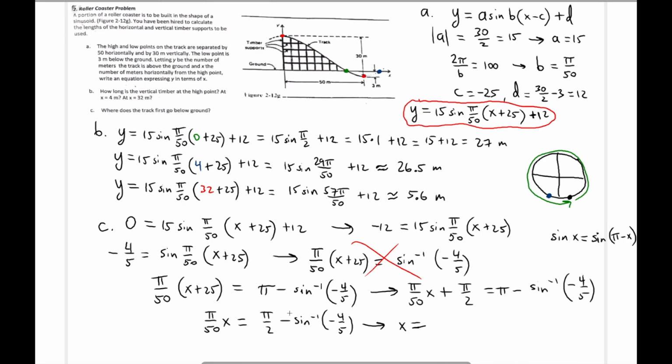So x will be determined by multiplying this whole right side by the reciprocal 50 over pi, right? That makes the 1x. So x is going to be the reciprocal 50 over pi times this whole expression, pi over 2 minus arcsine of negative 4/5. Okay, so if you do this carefully, make sure that you're in the radian mode here.